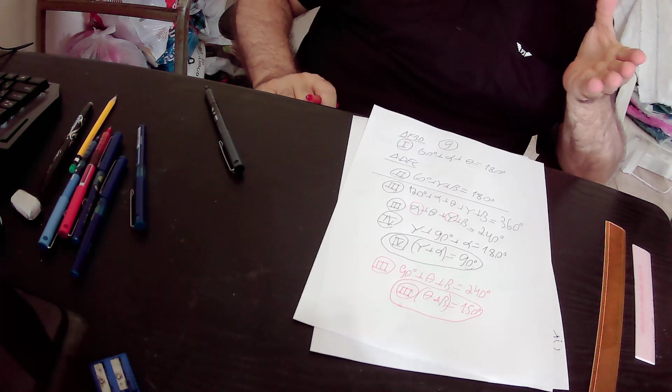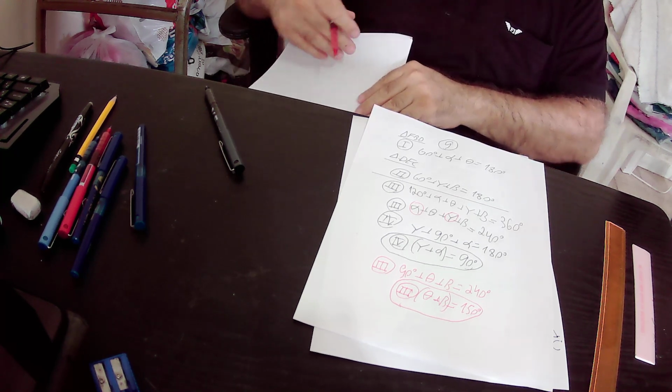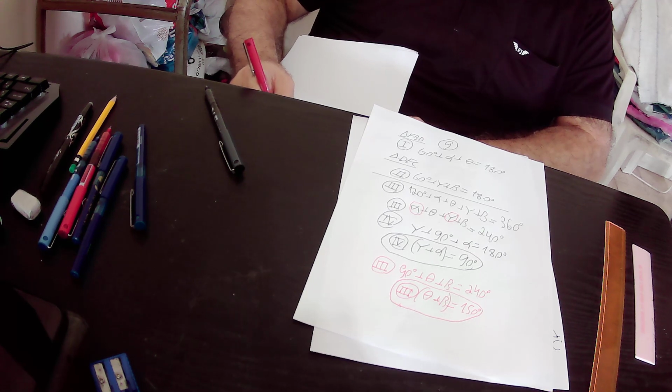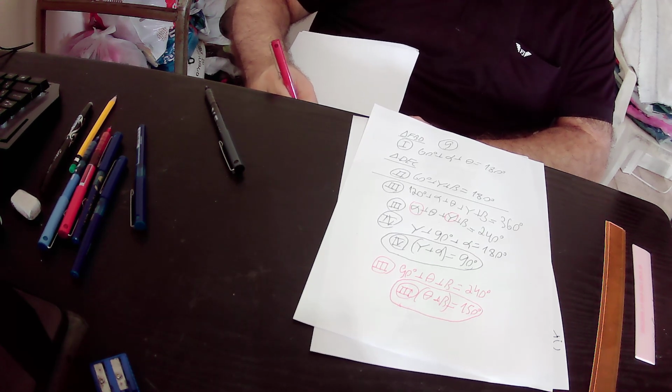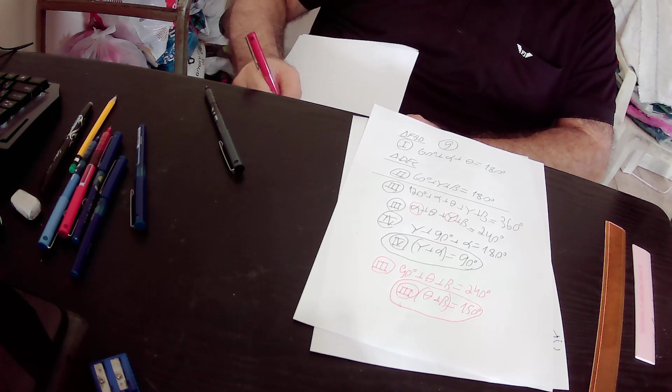Here we will subtract theta and we will get that beta equals 150 degrees minus theta.